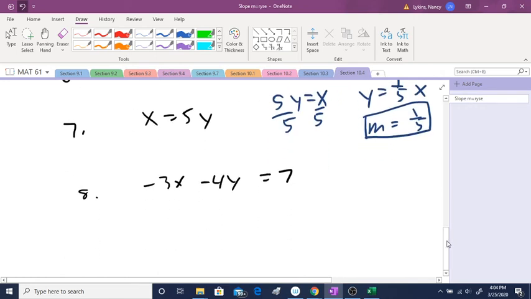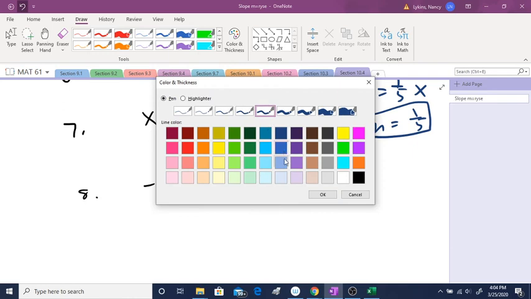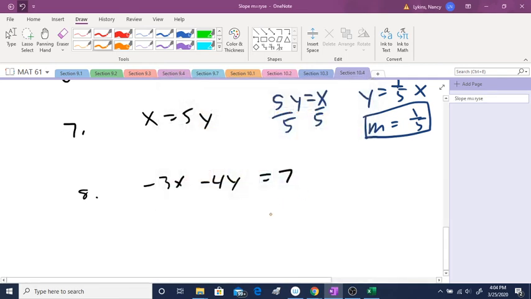Now, in conclusion, this is very important because if I give you an equation, we need you to be able to put this in slope-intercept form. So this goes back to solving equations several videos back. On this negative 3x minus 4y equals 7, I want to solve for y. So that means I'm going to protect not only the y, but the negative 4 in front of the y. That means I need to get rid of this negative 3x by adding it to both sides.